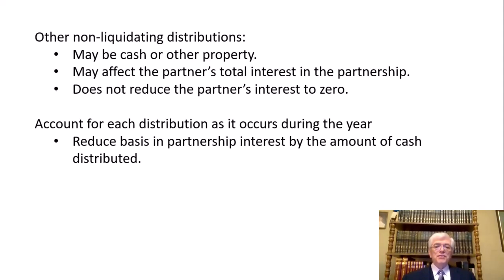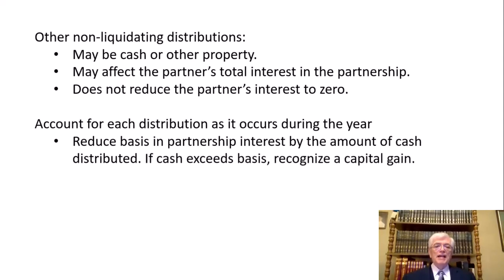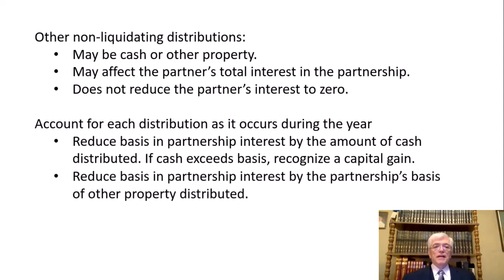So if you can't change those rules, then reduce the basis by the amount of the cash no matter what you get. But if cash exceeds basis, then recognize a capital gain to get that basis back up to zero. If you still have any basis left after the cash has been taken care of, then reduce the basis in the partnership interest by the partnership's basis of other property distributed.